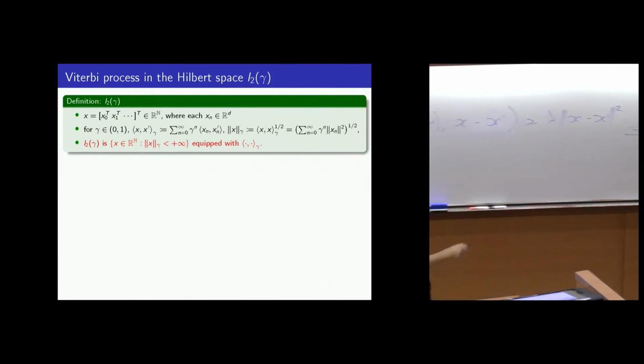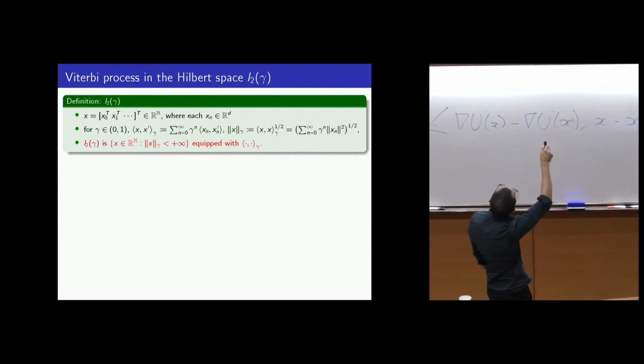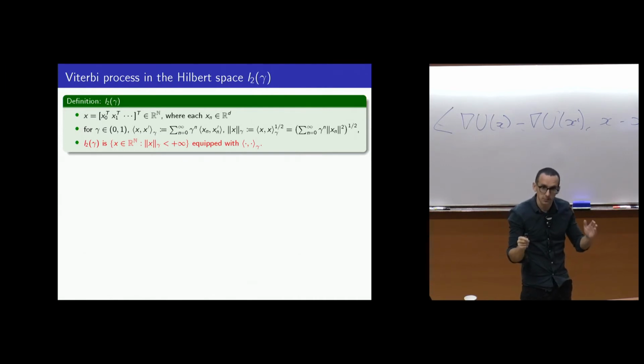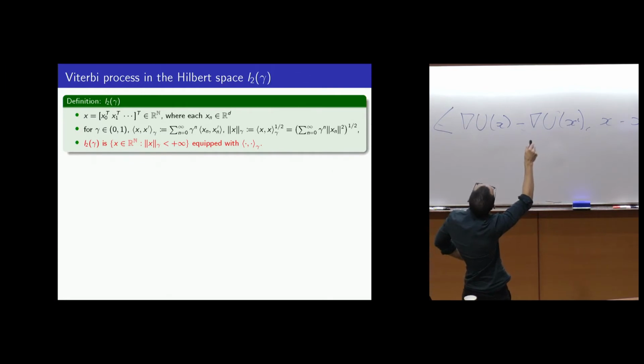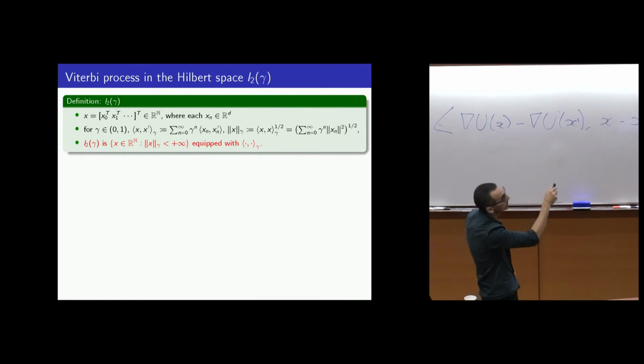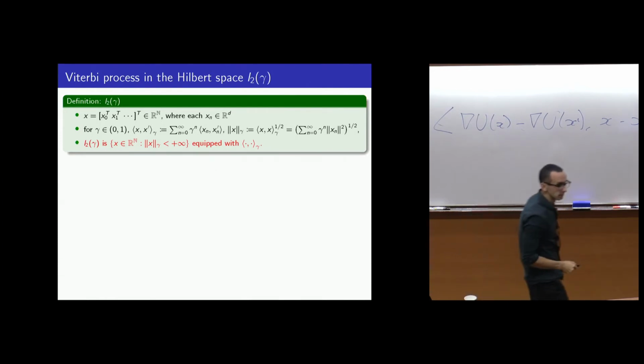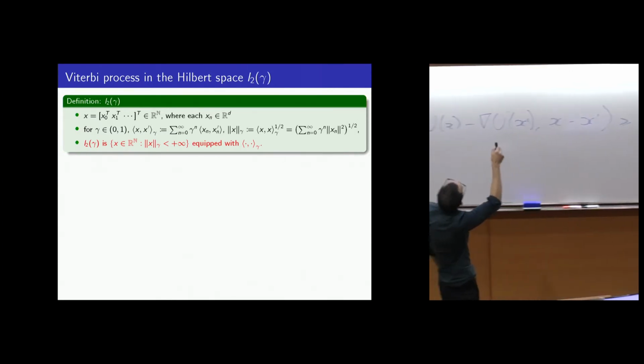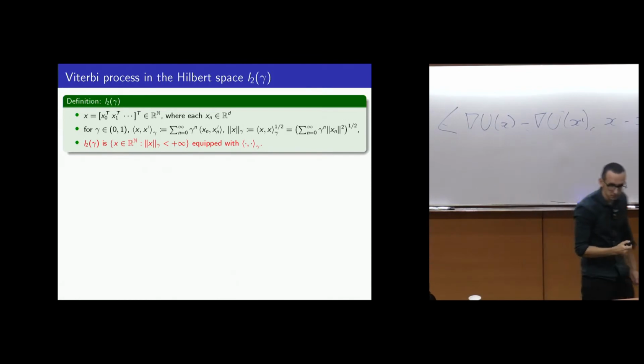So what's going on here is that this inner product inside, that's the standard Euclidean scalar product on R^d. Okay? And if you do that in this way, this thing gives you a well-defined scalar product on the space of infinite sequences. Okay? Giving me overall a Hilbert space, which I'll call L2 gamma. Right? It's a Hilbert sequence space, just where what I've done is introduce some weighting into the scalar product. Okay?